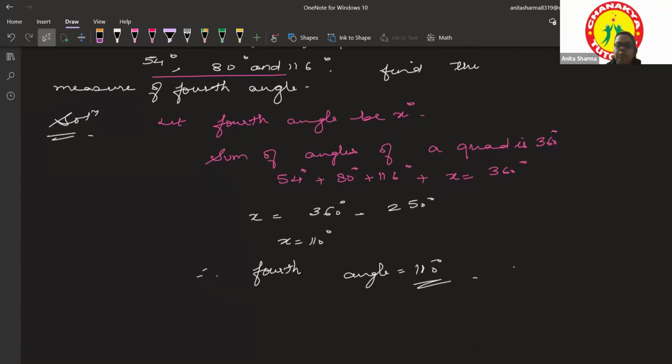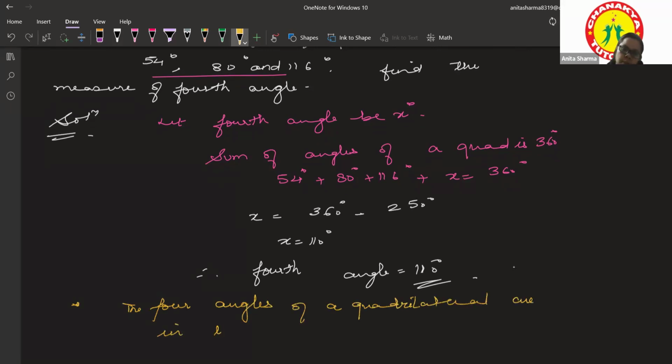Now, sometime they can give you the angles in the form of ratio. Fine. So, the four angles, and then we have to write like 5x and 3x. Yeah. Suppose four angles of a quadrilateral are in the ratio 2:3:5:8.